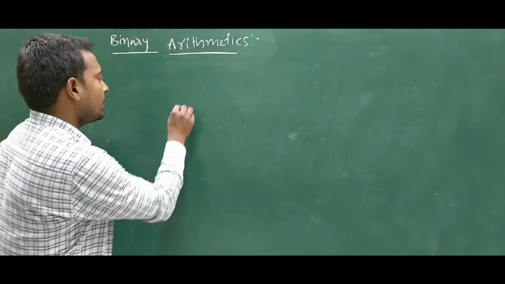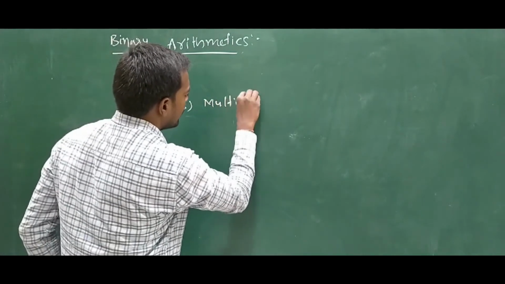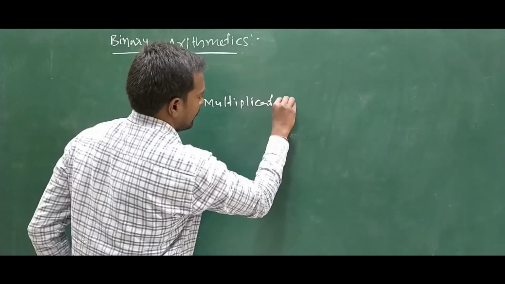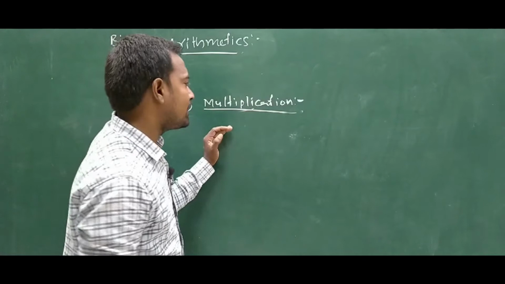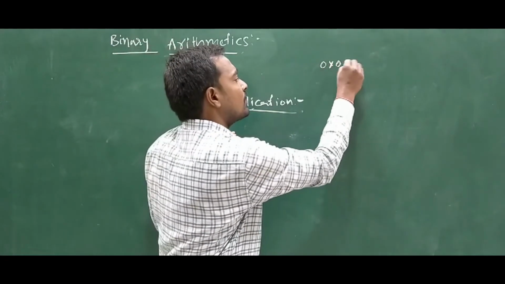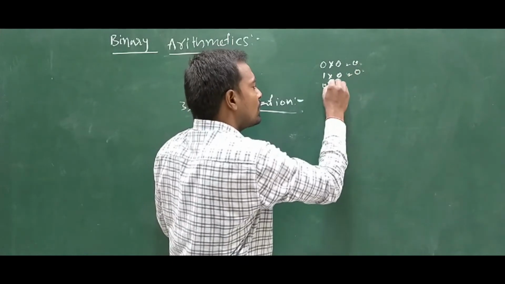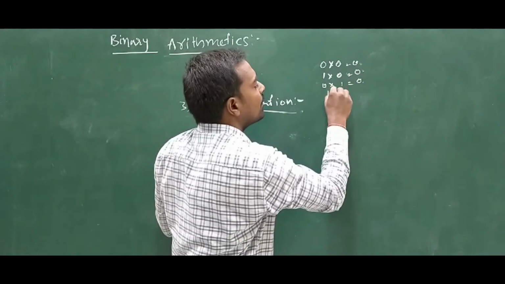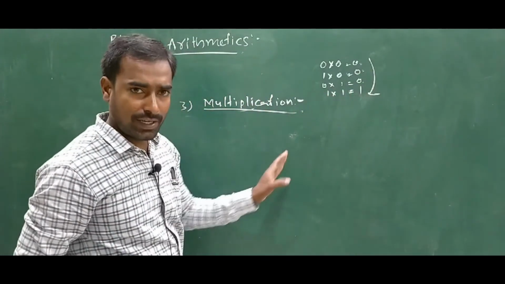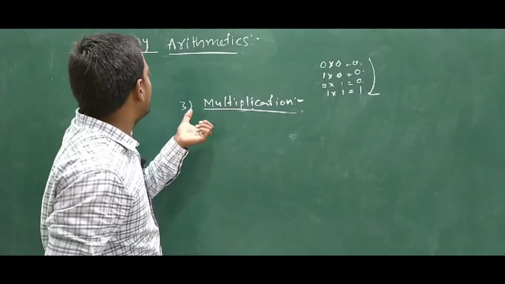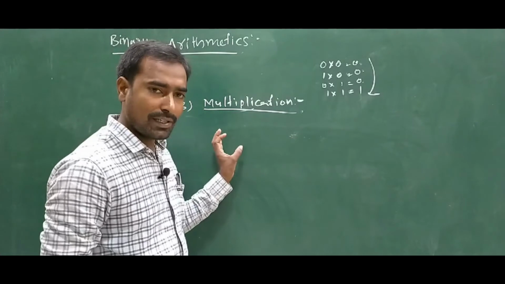Next, the third one, that is binary multiplication. Coming to the binary multiplication, here 0 into 0 is equal to 0, and 1 into 0 is equal to 0, and 0 into 1 is equal to 0, and 1 into 1 is equal to 1. So these are the 4 combinations we get for the multiplication.